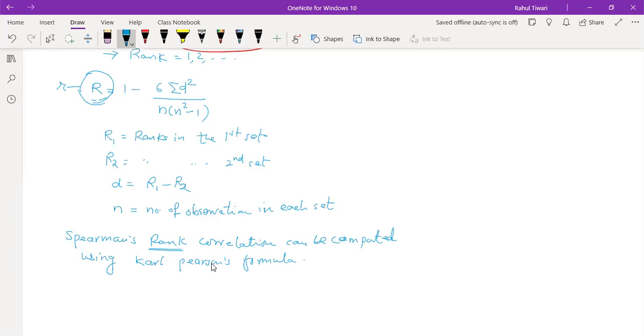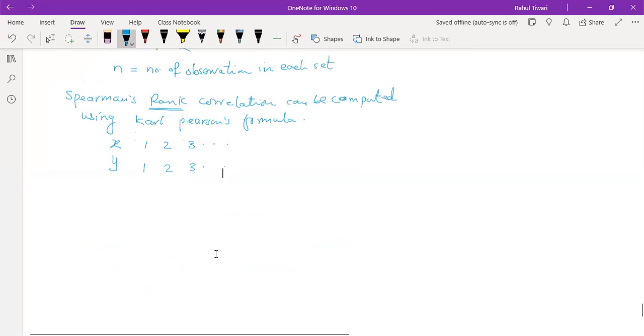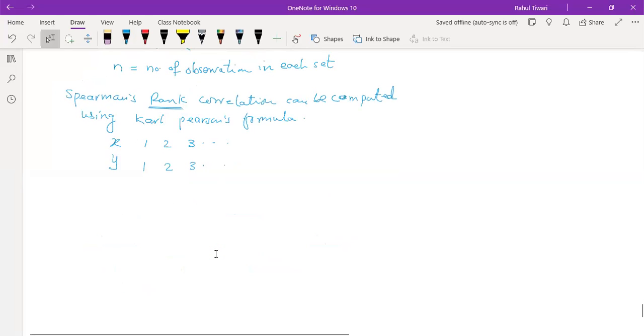As you know, I have two sets X and Y in my usual Karl Pearson formula, with observations 1, 2, 3 and so on. When you order the data, say we are given 20, 30, 40, you get the data in terms of ranks 1, 2, 3, 4 and 1, 2, 3. We have n observations here and n observations here.